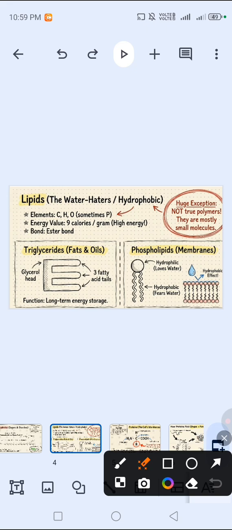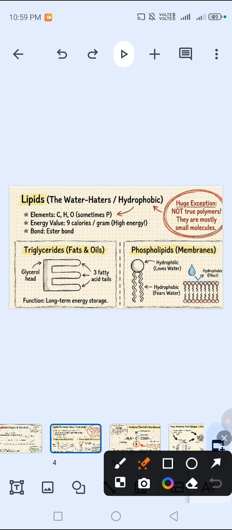The big exception here is that lipids are not true polymers, because they are mostly small, individual molecules. The two main types of lipids are triglycerides, which we call fats and oils, and phospholipids, which are found in the membrane.